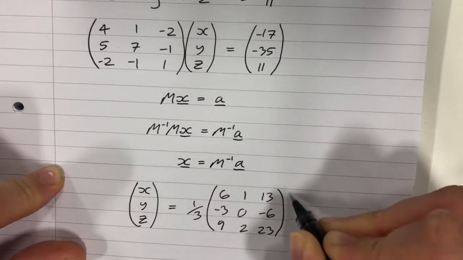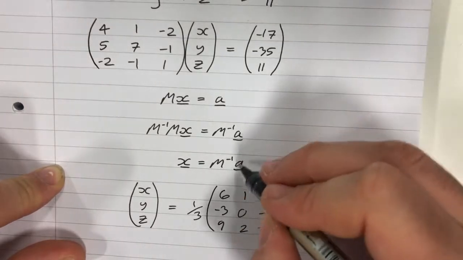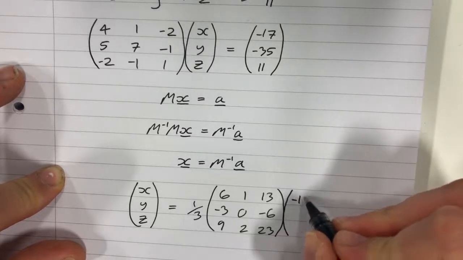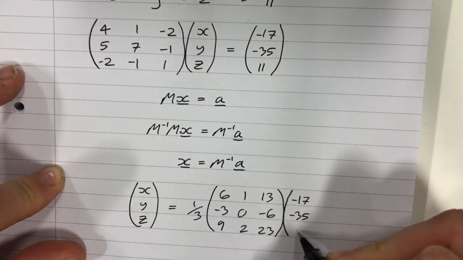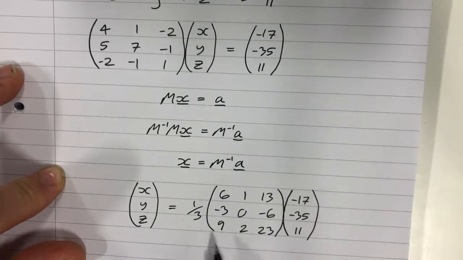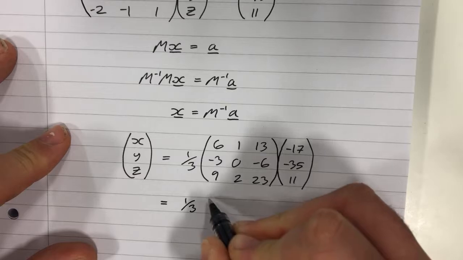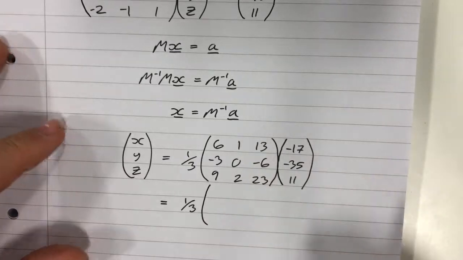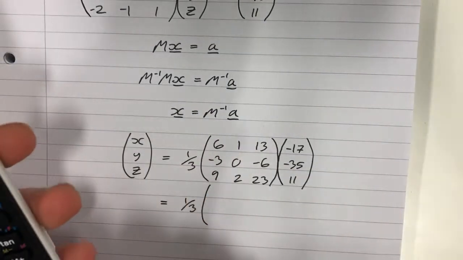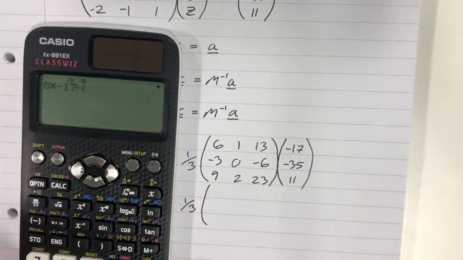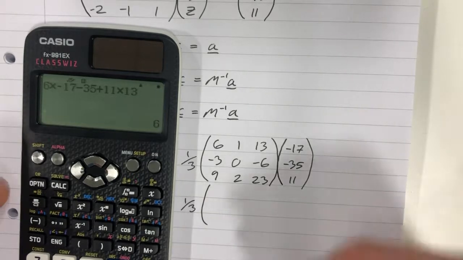Okay, that was from the previous video. Times this vector a, which is minus 17, minus 35, 11. So all you need to do is carry out this matrix product and then divide them all by 3. So that is going to be a third into 6 times minus 17, minus 35, plus 11 times 13. Gives me 6.